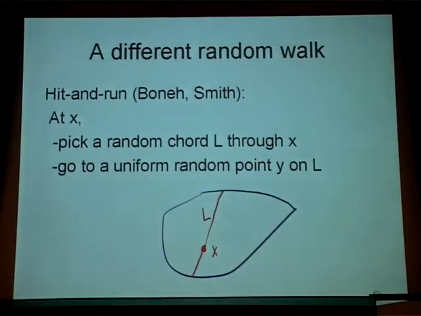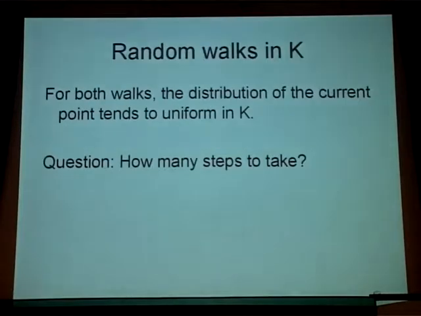And you repeat. So whereas in the first walk, you might not take a step once in a while because you were stepping out, here you move every step. This also can be implemented with the type of oracles we're talking about, because you just need to search for the ends of the chord, binary search, another classic computer science tool.